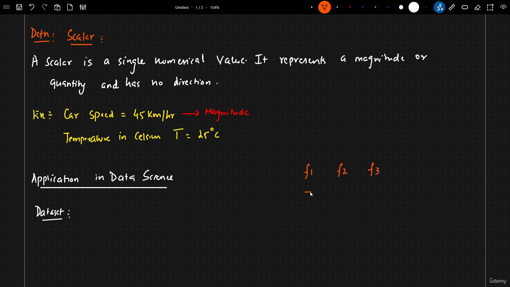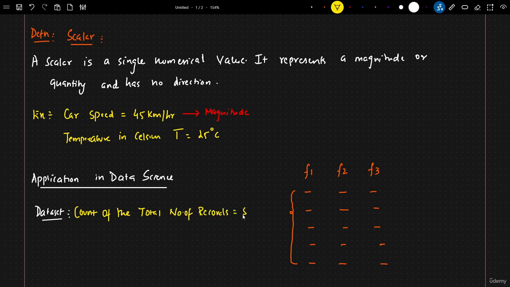The F1 feature may be something else, and F2, F3 may be something else. In a data set we will have many records, let's say in this case there are 5 records. Now, with respect to scalars, as I said, it is a single numerical value. Let's say I calculate the count of the total number of records. In this case, I get the value 5.